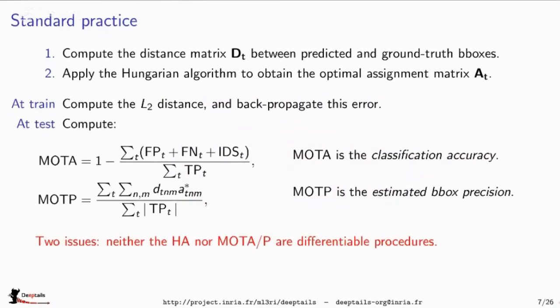It's the same issue, but at two different stages: neither the Hungarian algorithm nor the multiple object tracking accuracy and precision have differentiable procedures. So the point here is to find a differentiable proxy to both the Hungarian algorithm and MOTA, MOTP.